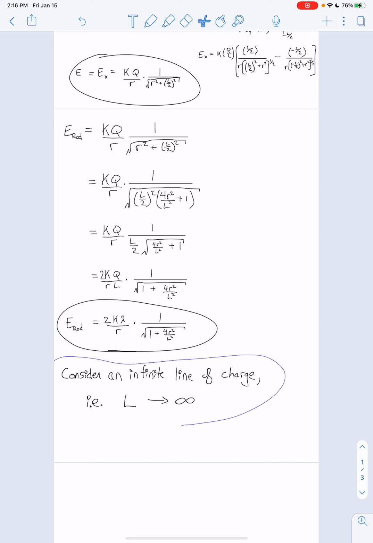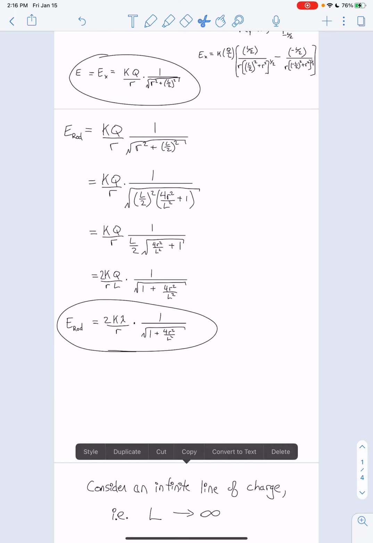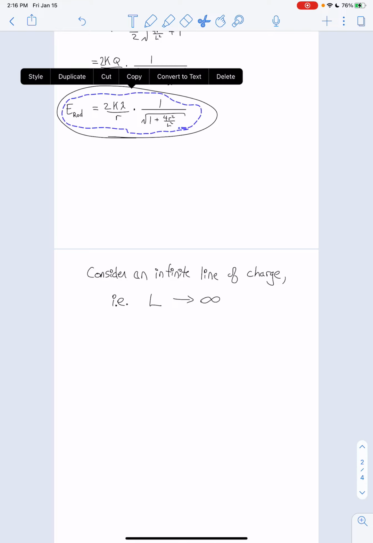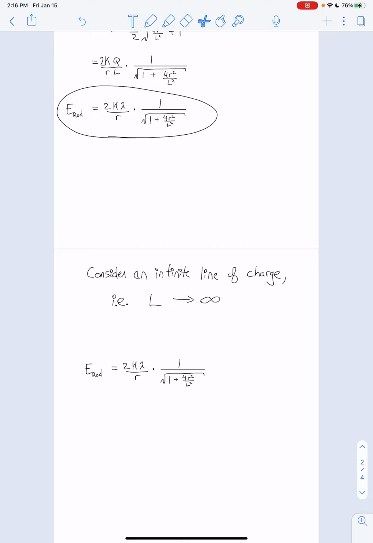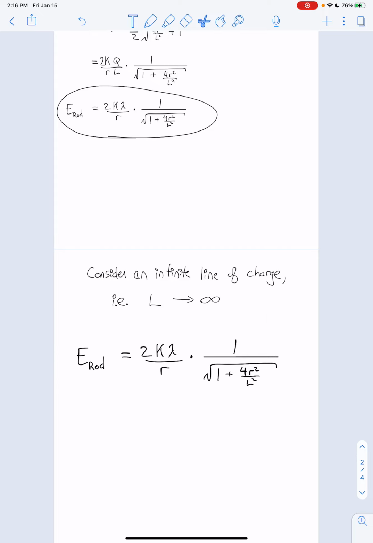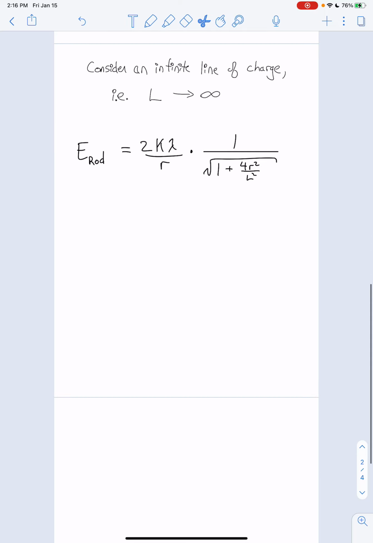Let's just bring this down to the next page. Okay, so we have this equation already. Given all this, what's going to happen as L goes to infinity?